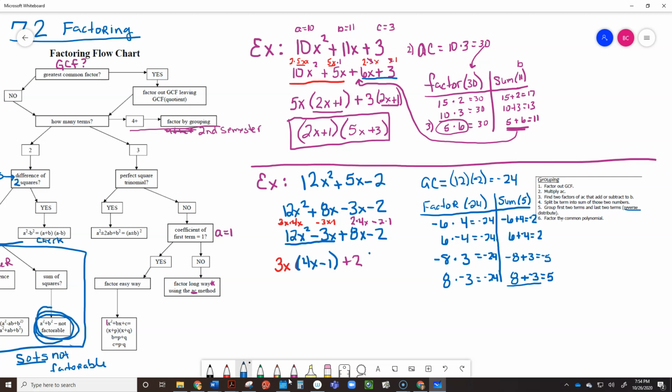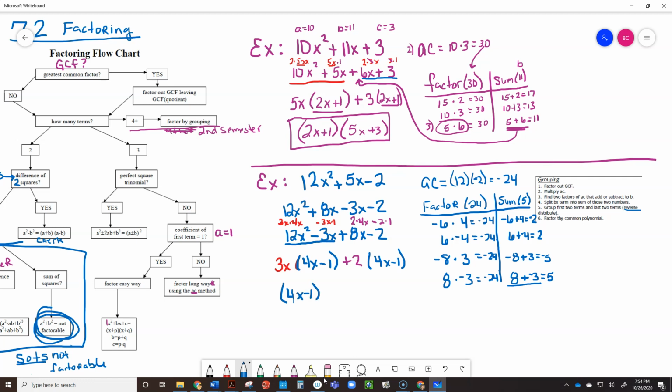The thing that I can undistribute, and if I pull the 2 out, that's going to leave me a 4x minus 1. Notice that now the 4x minus 1 is what I have in common. The 4x minus 1 is now the GCF.